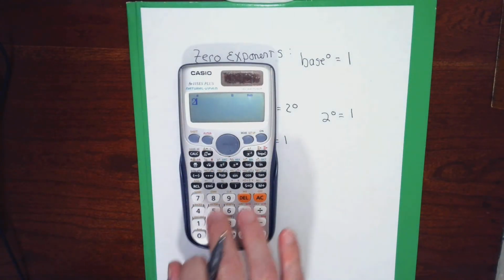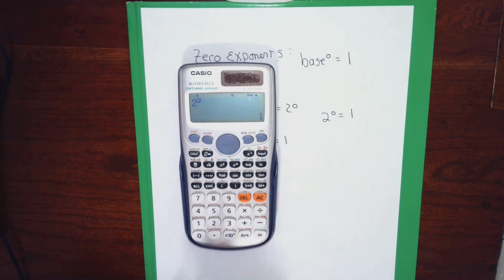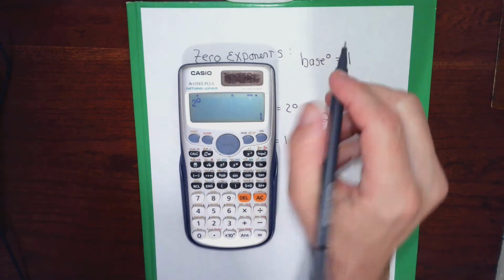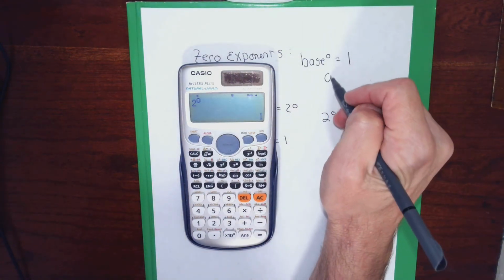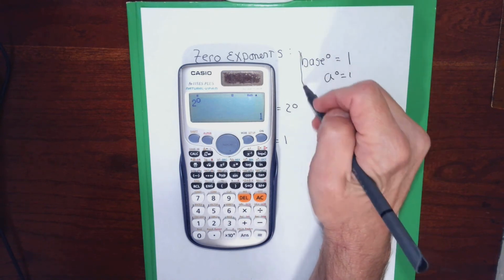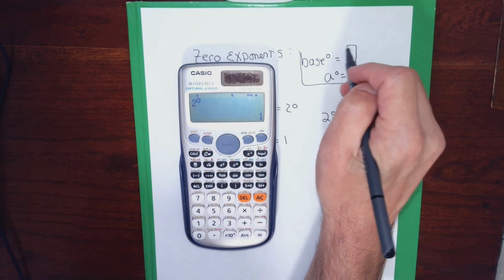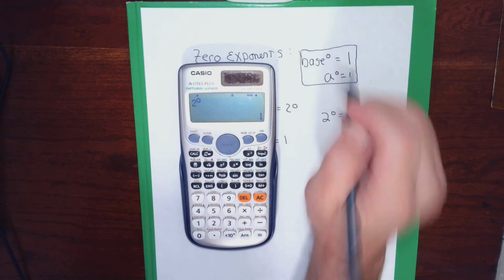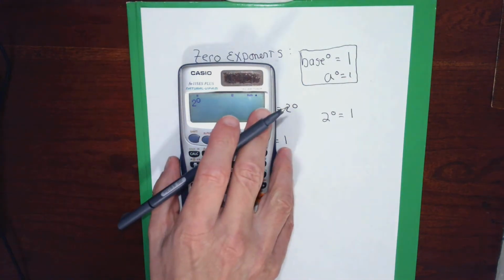And my calculator knows that 2 to the 0 power is equal to 1. I claim the rule is that a base to the 0 power is equal to 1. Sometimes we'd write the rule like a to the 0 power is equal to 1.